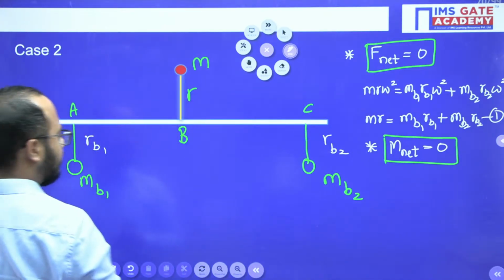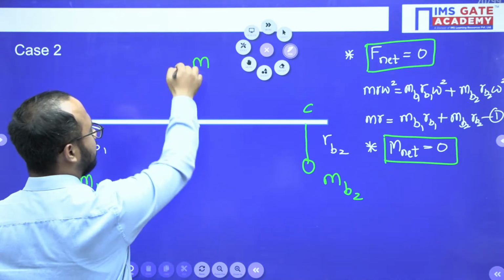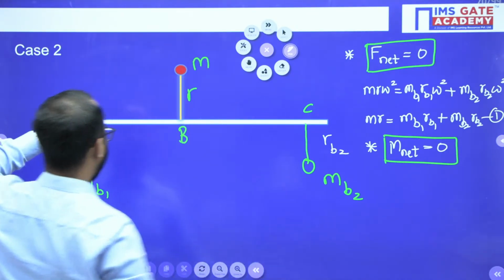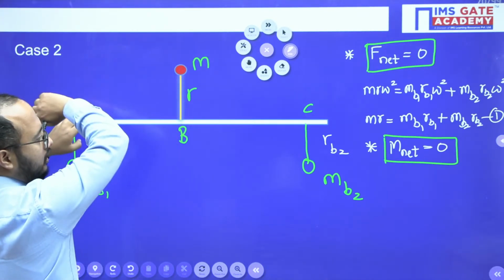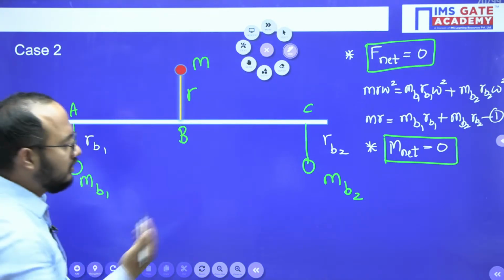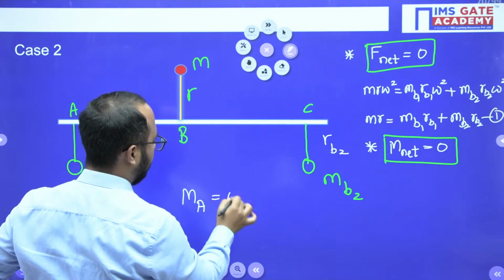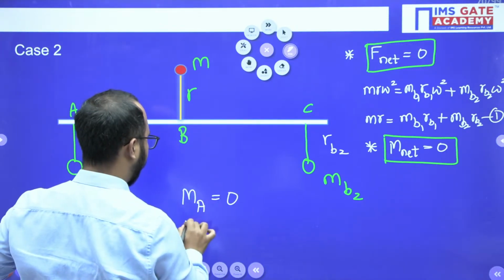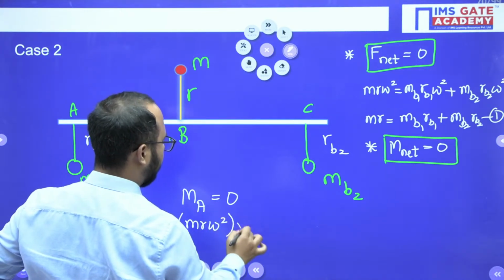So let's suppose I select the point A. The moment about point A will be because of this force and this force. If I select the point A, the moment of this force will be anti-clockwise, and this force will be clockwise. So let's suppose I write moment about point A is 0. So m into r into omega square, this is the force. We need to multiply the distance.